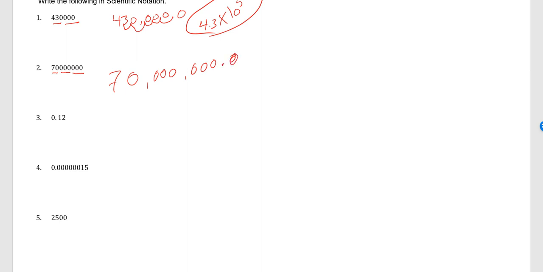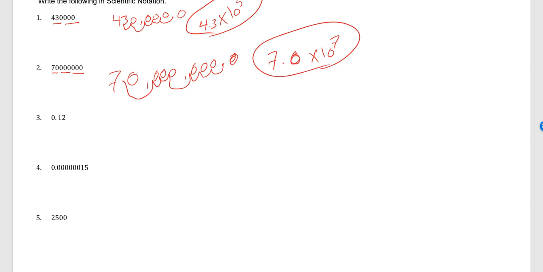So the decimal point here is going to move 1, 2, 3, 4, 5, 6, 7. So 7.0 times 10 to the 7th, because we're moving from the right to the left.